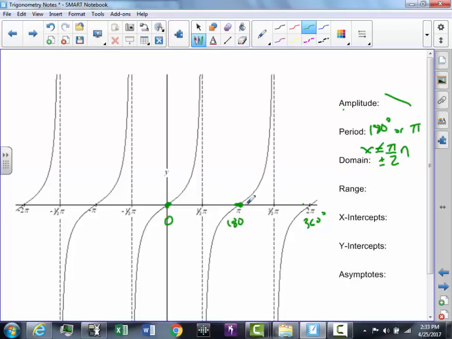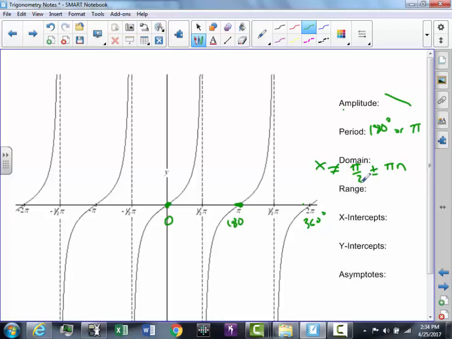But if n is 2, that would be pi right here. So I need it to be... Let's write that differently. Oh, let's do this. x cannot be pi over 2 plus or minus pi n. Let's try that and see if this makes sense to you.